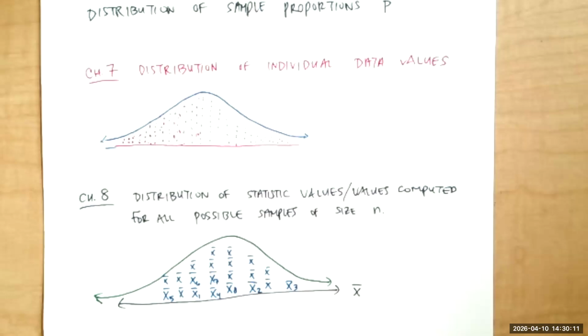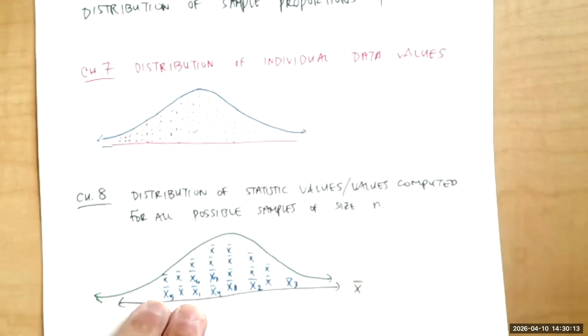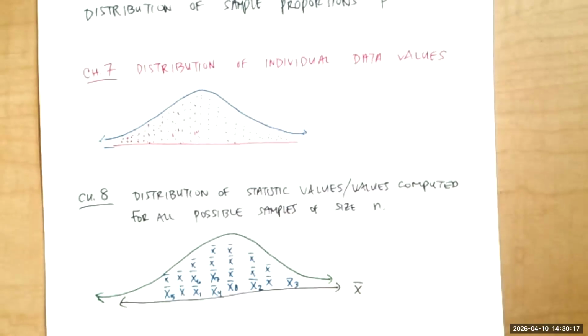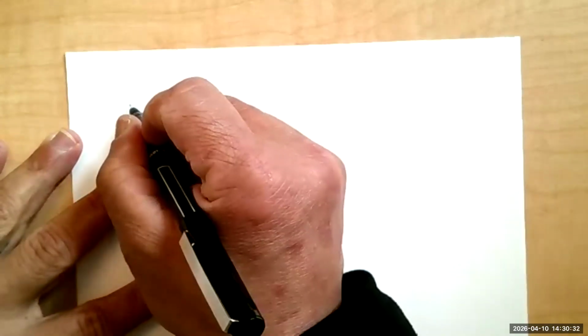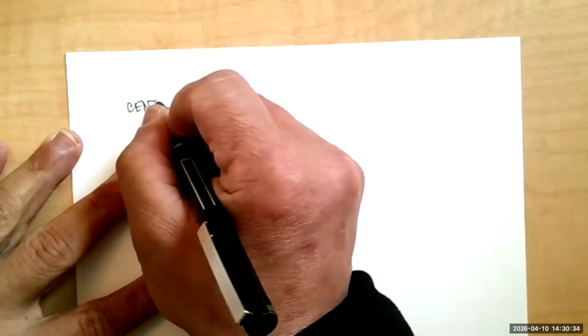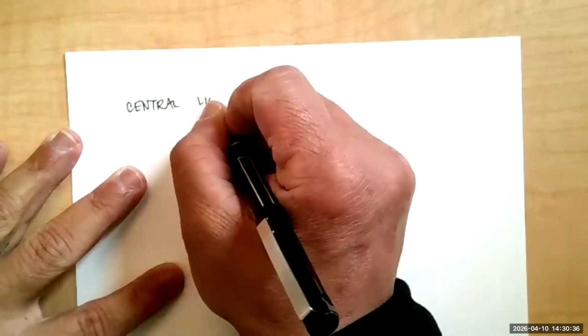But the key characteristic that we're going to need to discuss with our calculations, looking at that sampling distribution, is that we're going to need to shift the standard deviation we use. And so here is kind of what our central limit theorem discusses.